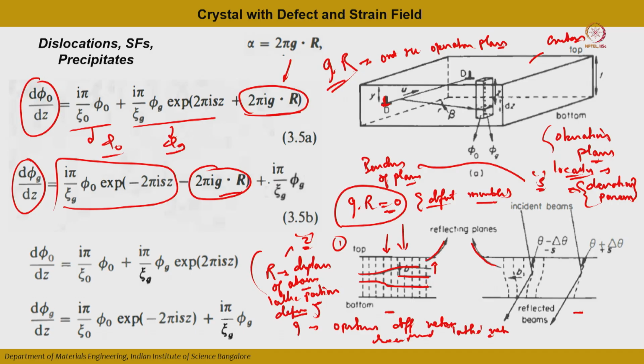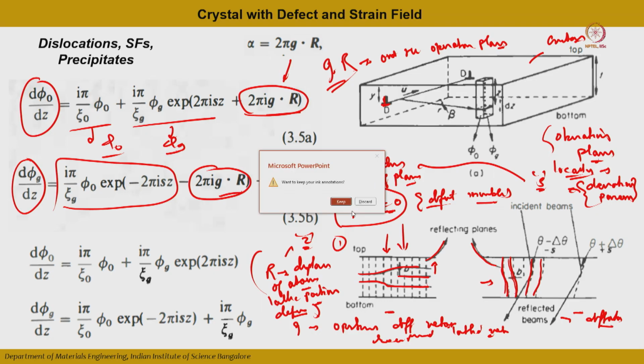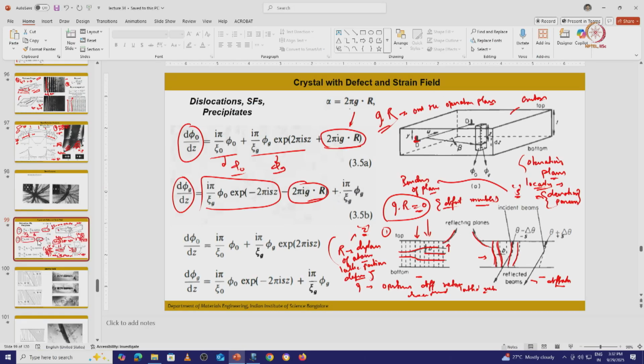But in the second case, where you have the lattice planes, the defect is not present on those reflecting planes. So these can diffract. Okay, so this is how we can see the invisibility criteria for the defects.